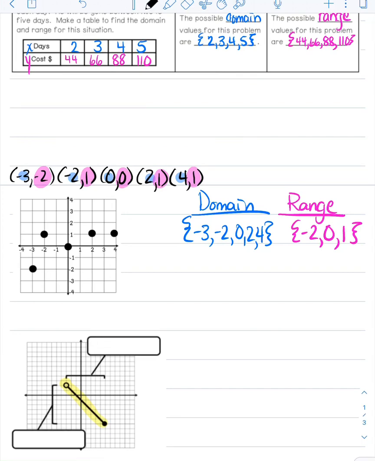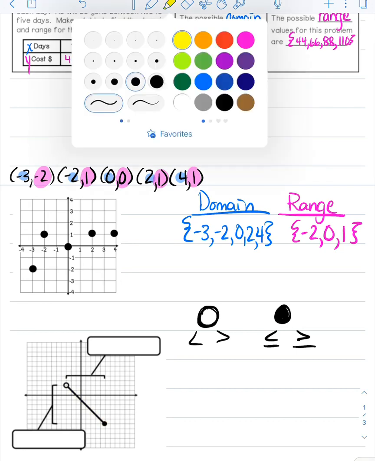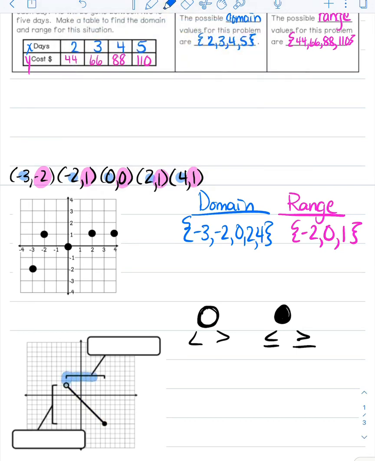So just to remind you, if we have an open circle, it's either going to be less than or greater than. And if we have a closed circle on our graph, it's going to be less than or equal to, greater than or equal to. So now, how do I find the domain and range? Well, we know that the domain are the x values, and you will see that right here.